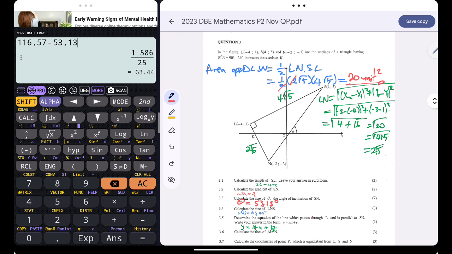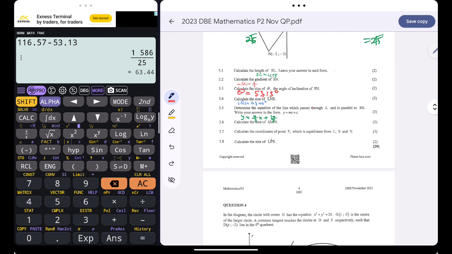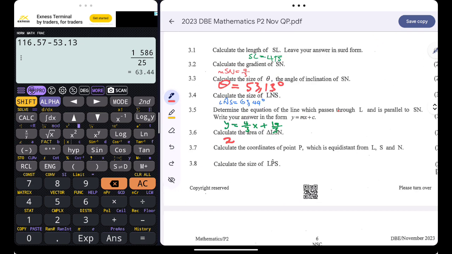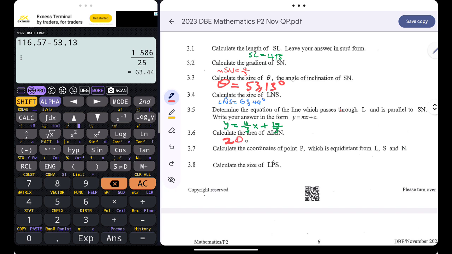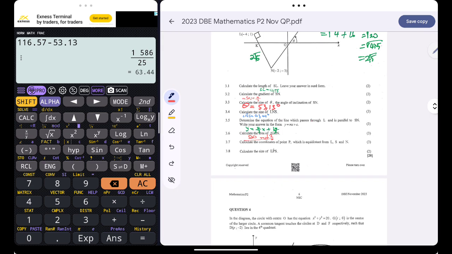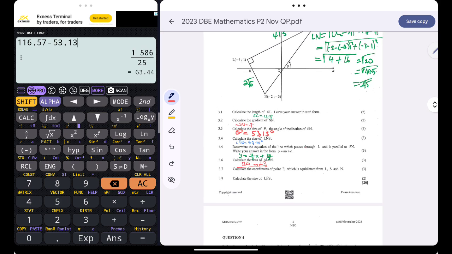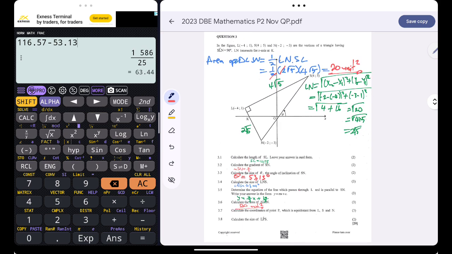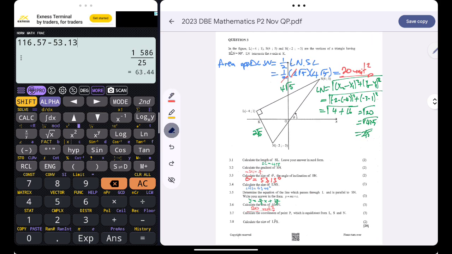Because this will cancel this, I will have 4 multiplied by 5, which will give me 20. So the area of the triangle is just 20 units squared, right?